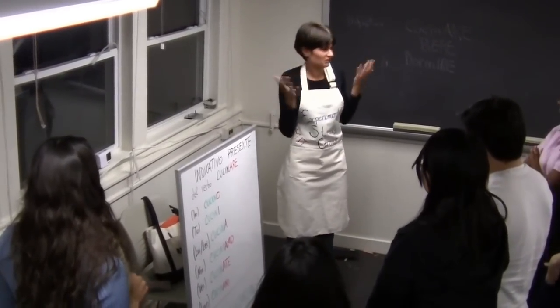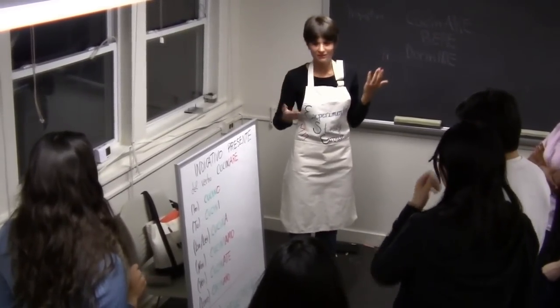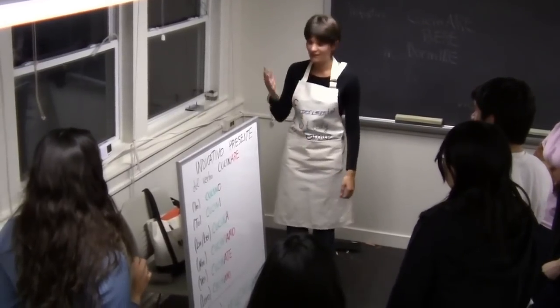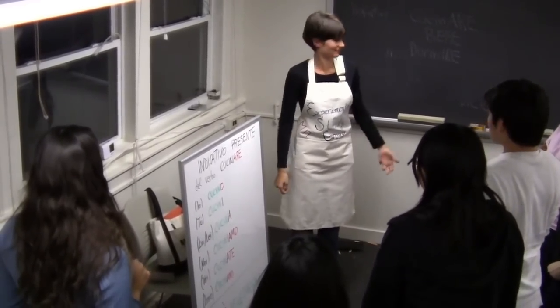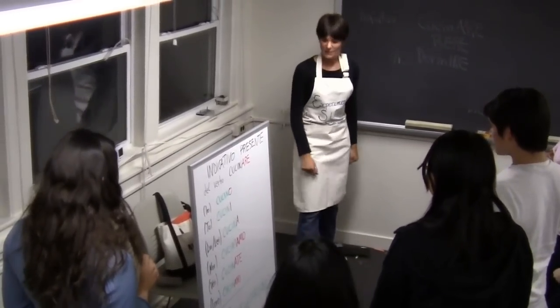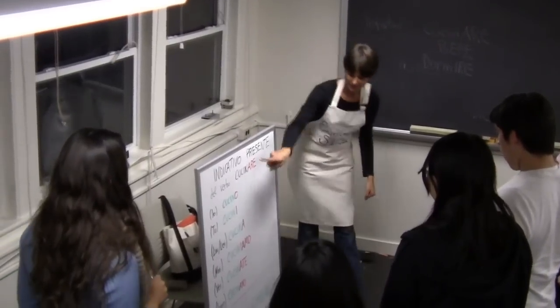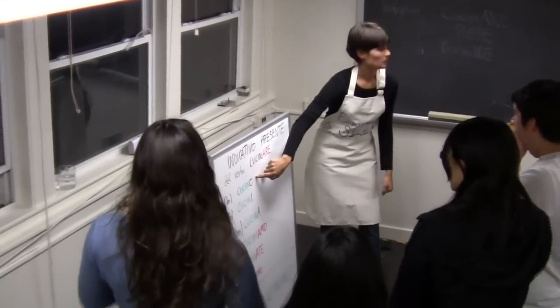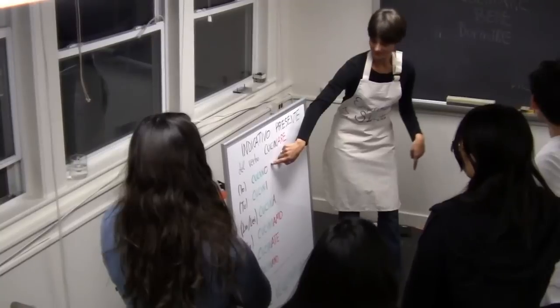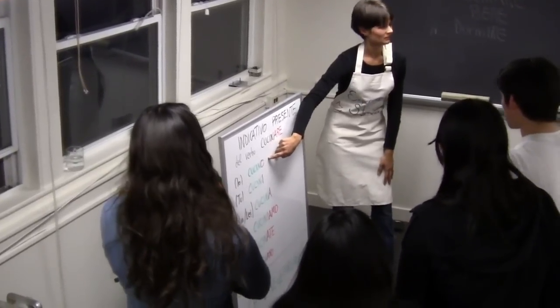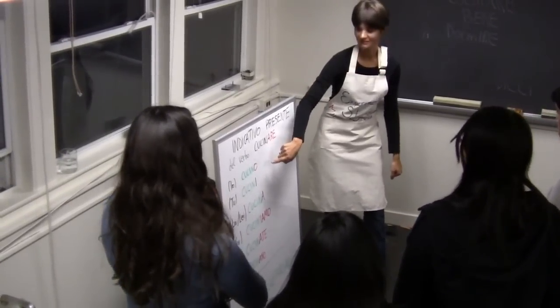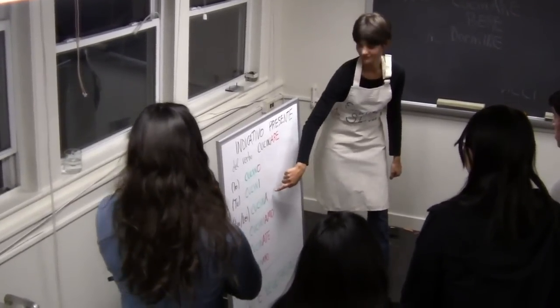Okay? So, how about we go around? Don't worry if you don't pronounce it correctly, whatever. It's like the first half an hour of Italian in your life. So we can just go around and read through. So, Anita, you can start. Cucino. Cucini.